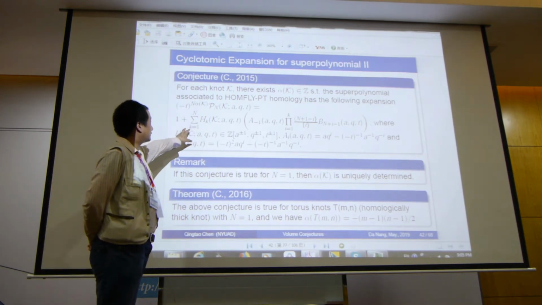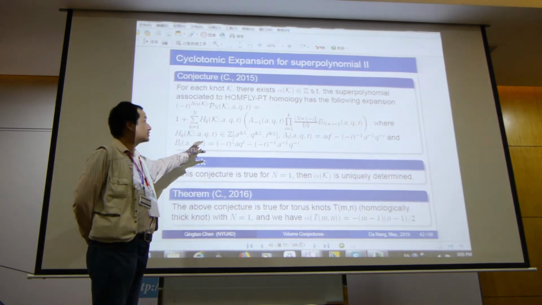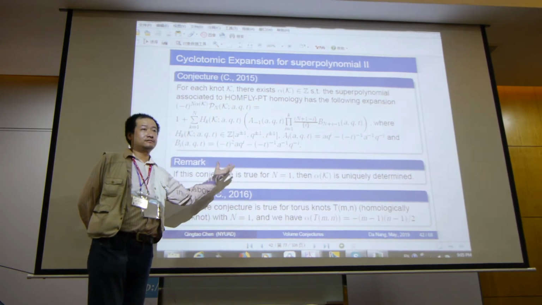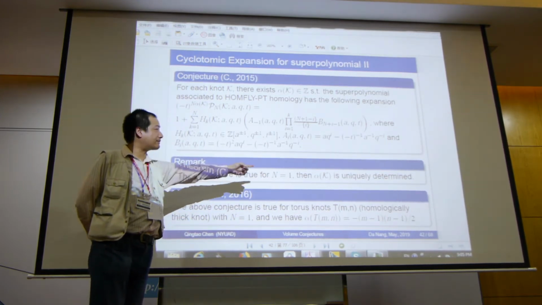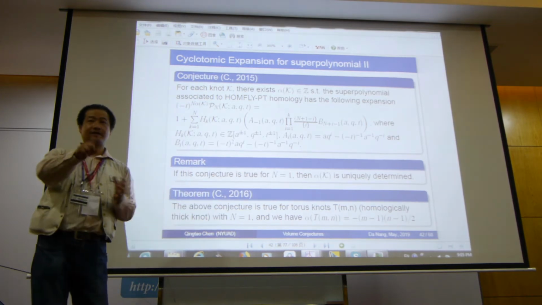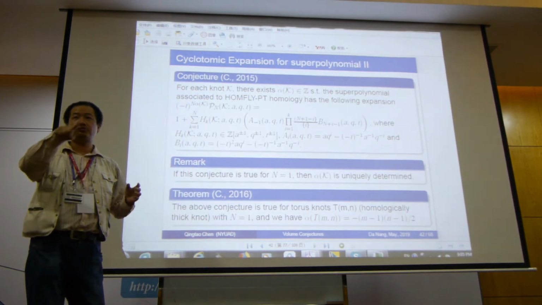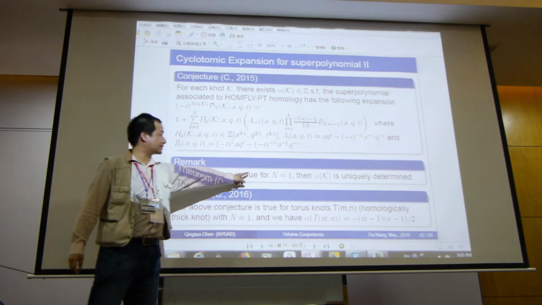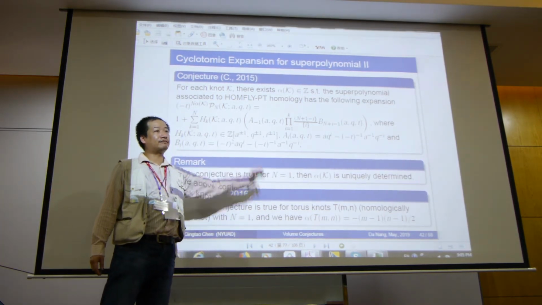This conjecture can be understood in this way: alpha k is a byproduct. If N equals 1 is true, then alpha k is fixed. Then you check the conjecture for capital N equals 2, 3, 4, 5 later.